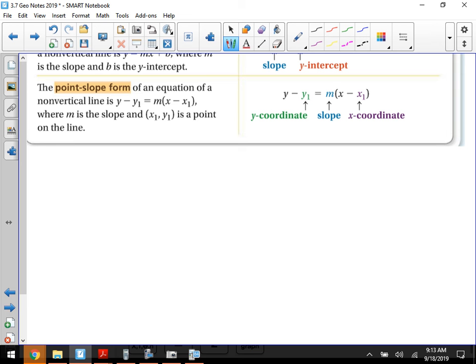Point-slope is for when you have a point, some ordered pair, and your slope given. Because the formula allows you to substitute in those things. You get this idea of y minus y sub 1 is your slope times x minus x sub 1. Now, last year in Algebra 1, you used this a ton.